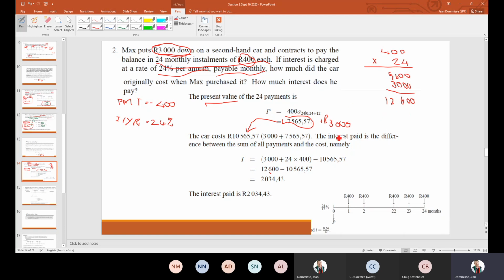Of that 12,600, if you take away what the present value was, the rest is the interest that you have paid. So basically, over 2 years, you have paid more than 2,000 rand interest on that money, which is quite a lot.